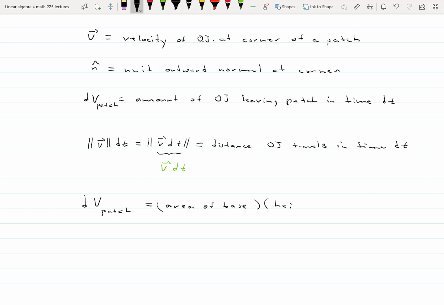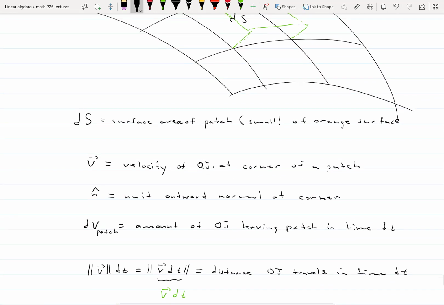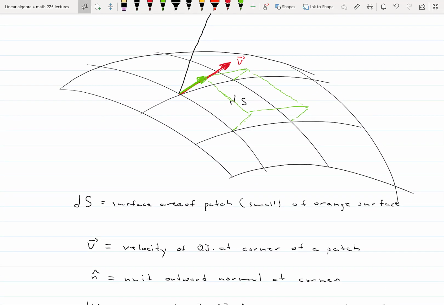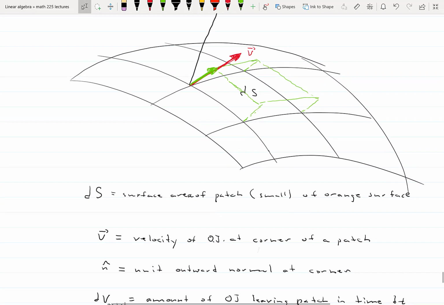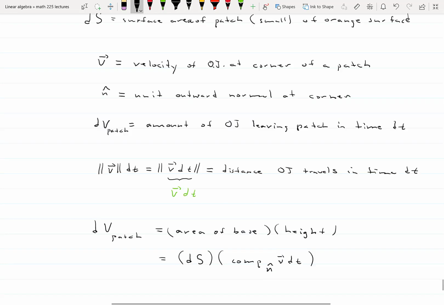Times the height. Now I could use the formula that I developed in the preliminaries, or I could just rederive it. It's very easy. The area of the base is ds. Now the height is the component of v dt in the direction of the unit vector n.